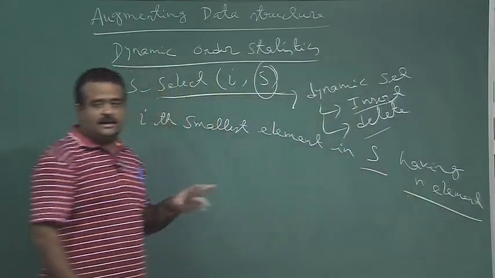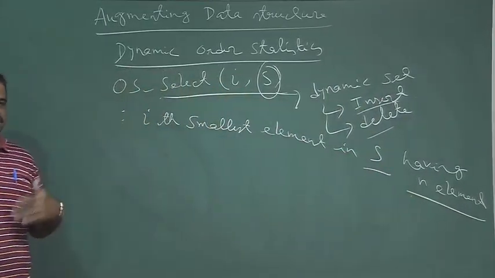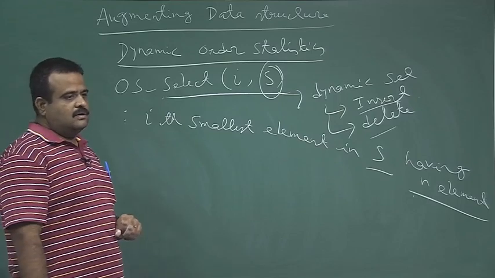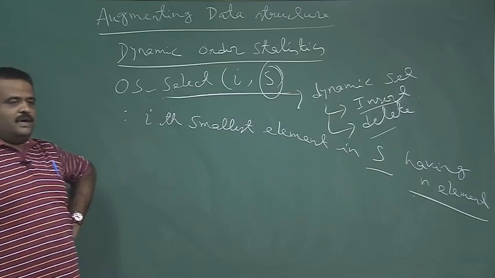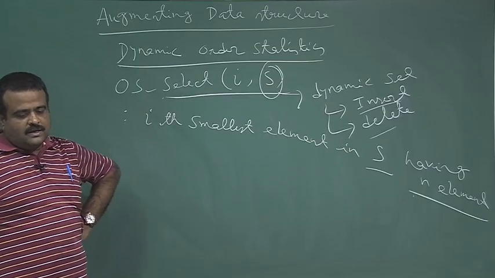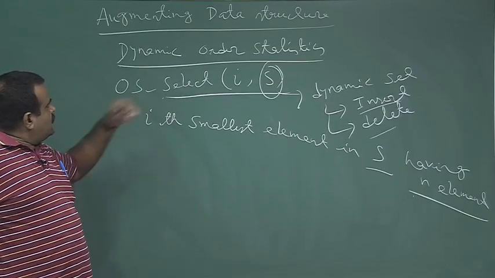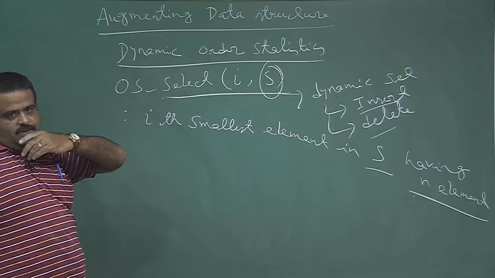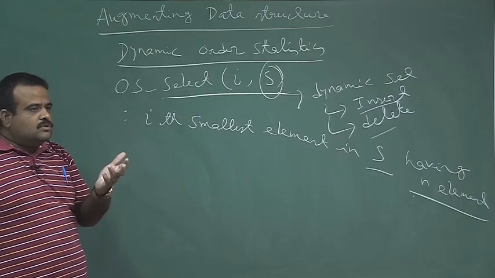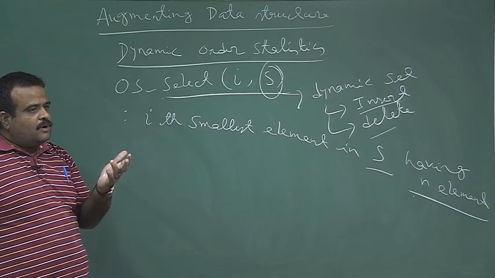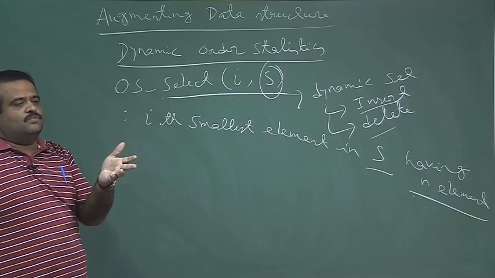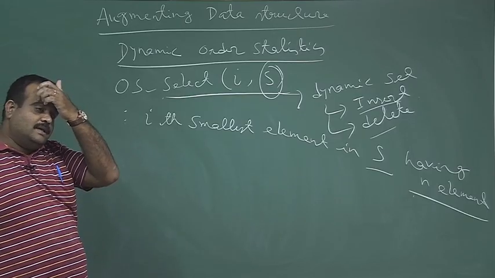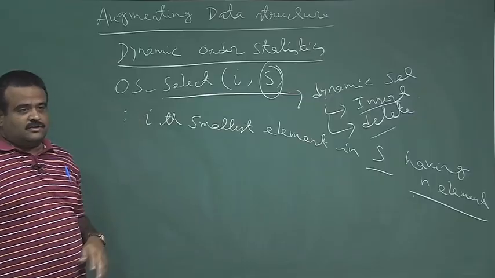But this S here is a dynamic set, so any element can be inserted in S or any element can be deleted from S. So, how can we maintain this, how can we have a data structure for this problem? We will take help of some existing data structure, then we will put some extra information and then we will use that. That is called augmenting.